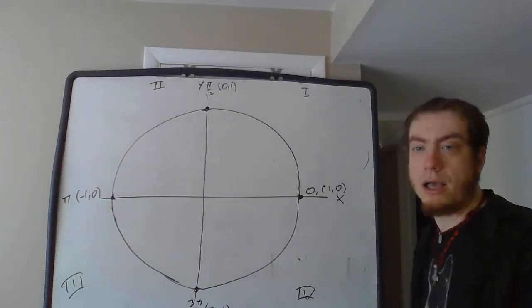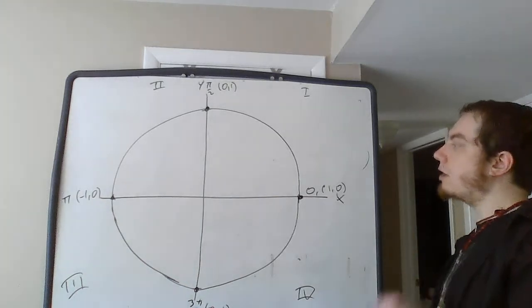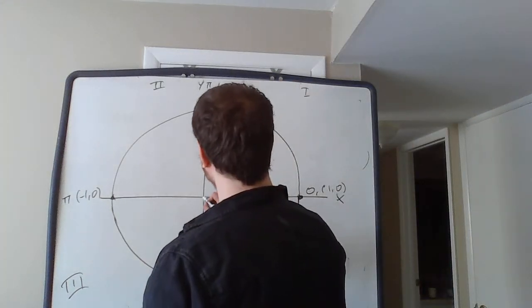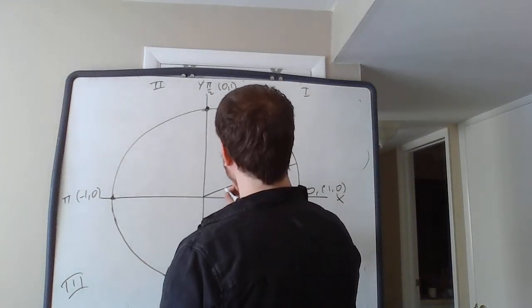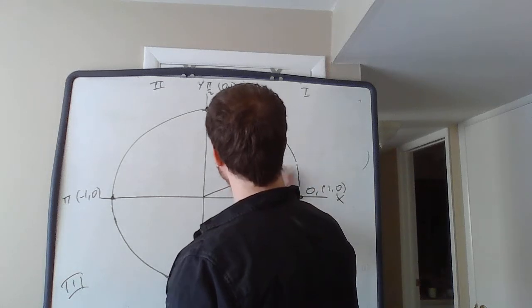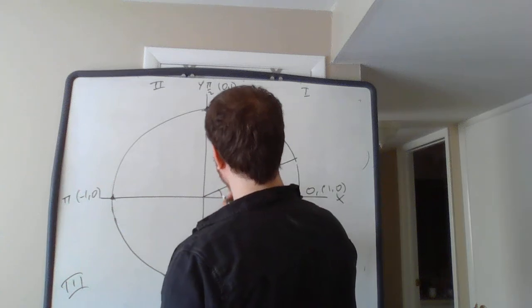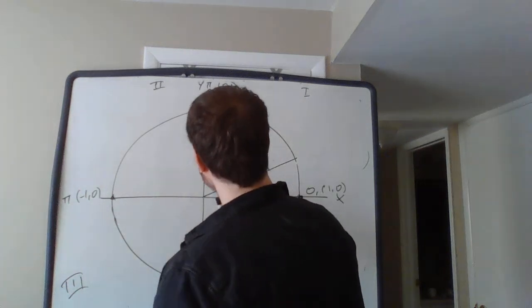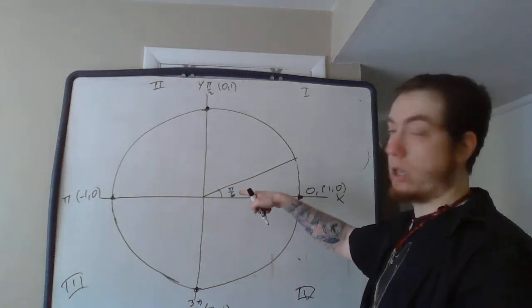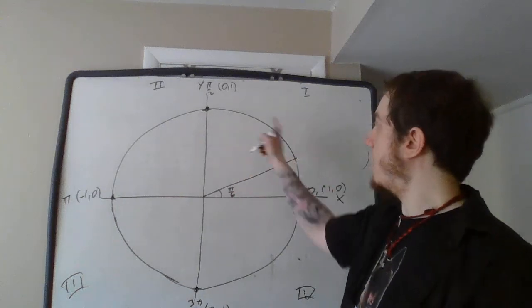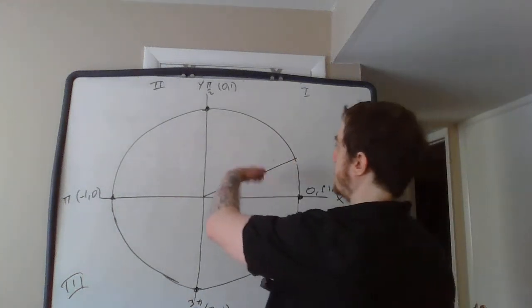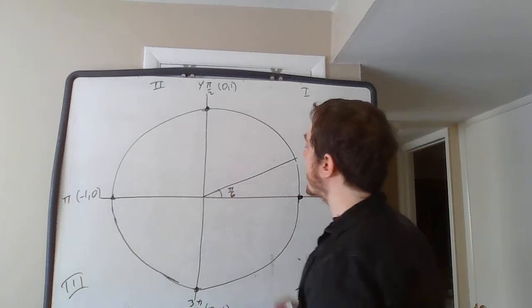All right, now, we just found several other angles. We found the angle pi over 6. Now, pi over 6 is 1/3 of the way through the first quadrant here, because if you put 3 of these together, you have to get pi over 2.